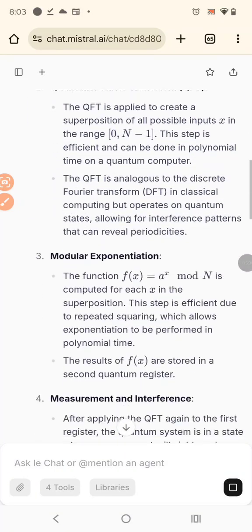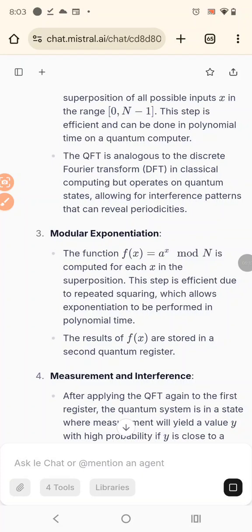We are trying to find a value of r for which a^x mod n equals 1. The smallest value of r for which a^x mod n equals 1. So that's the key thing here. That r is called the period.